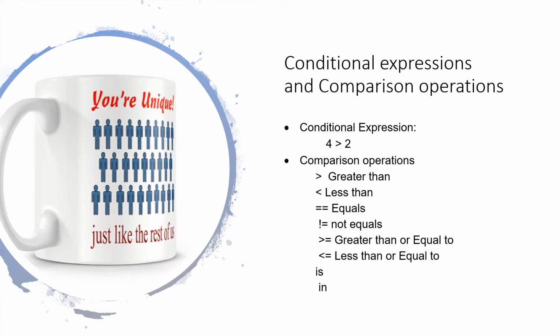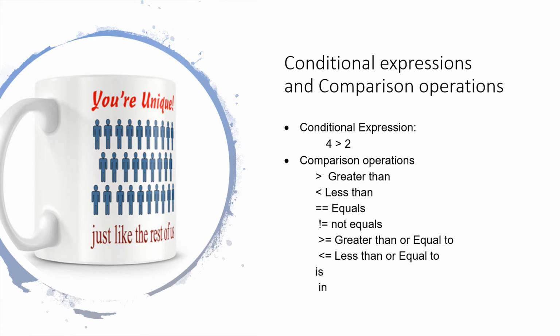Conditional expressions are a way of asking the program a question. When you write one in your program and run it, the program will decide if the answer to the question is true or false. A conditional expression will typically contain three parts: a left operand, a conditional operator, and a right operand.